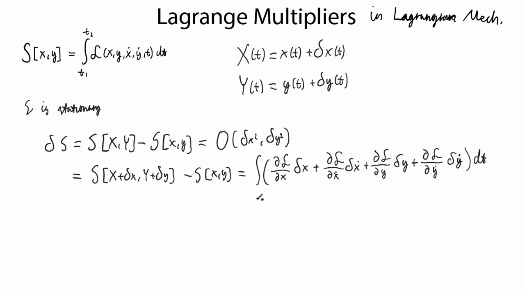So that's just a chain rule, although it's applied to these variations instead of to normal differentials, but it works just the same because there are small deviations away from the correct path, as you've seen a number of times before. And then we could group the terms in x and y together. Well, first of all, what we're going to do is integrate the second term here and the fourth term by parts.